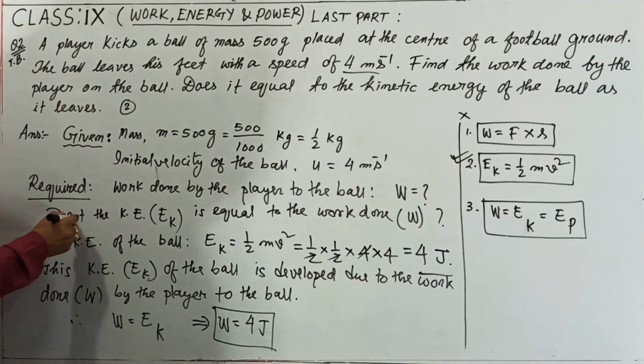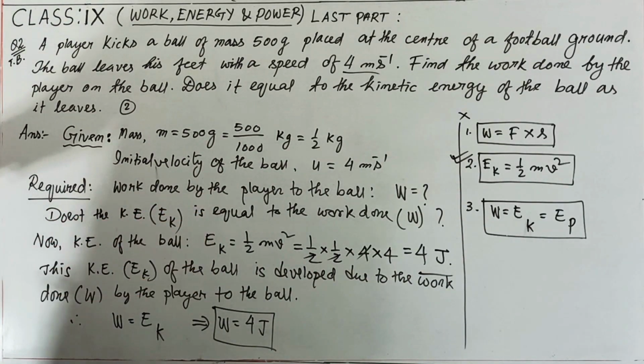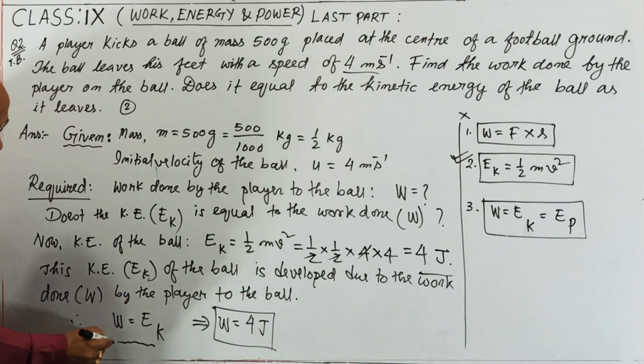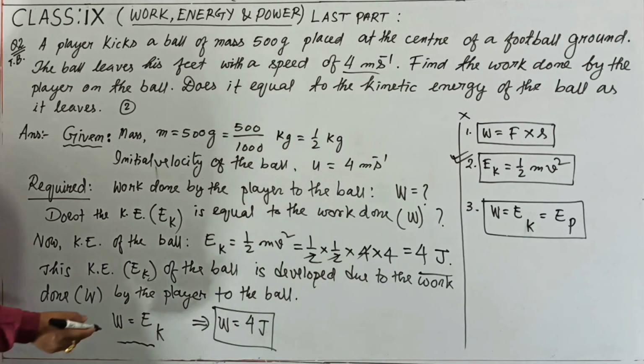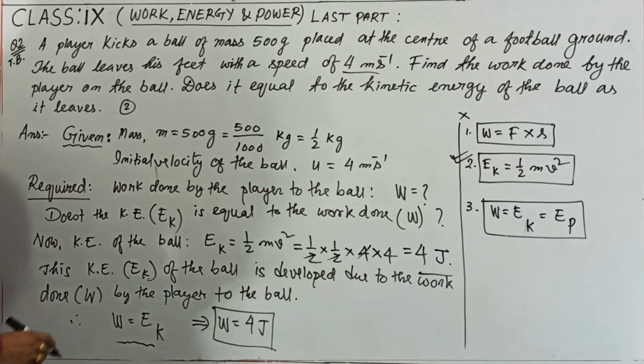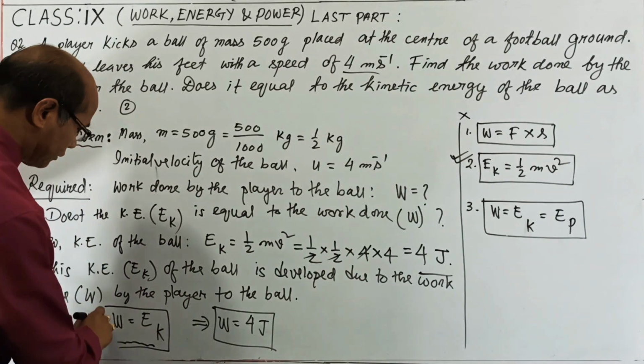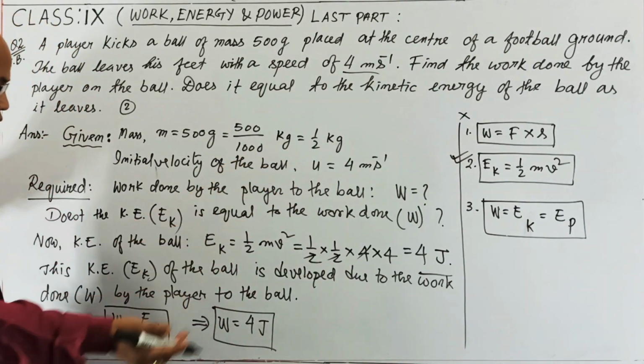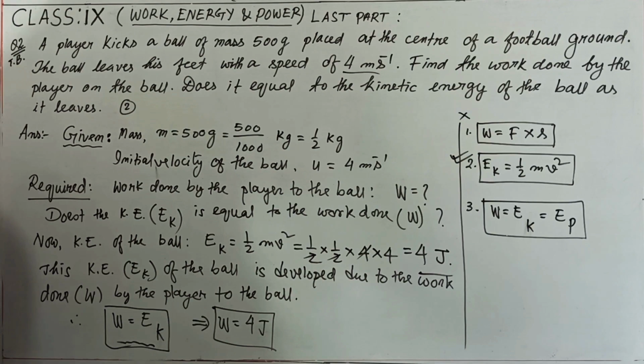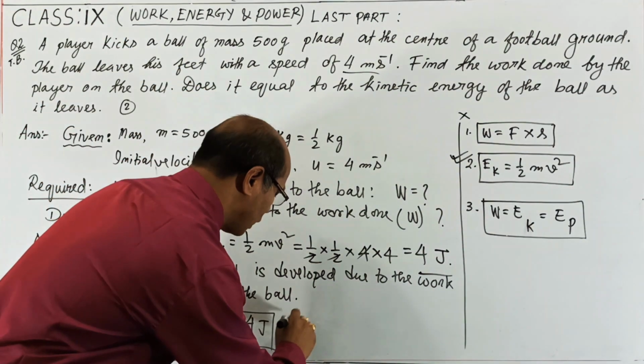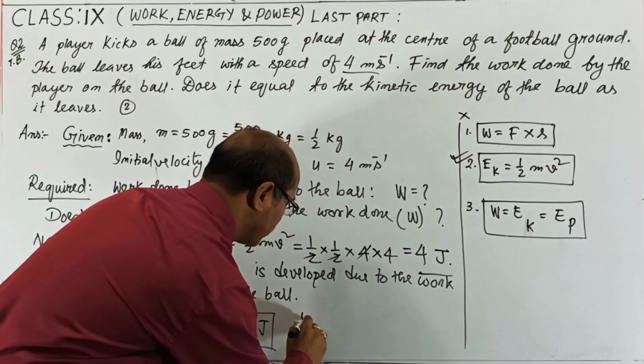The last part of the question: the kinetic energy is equal to the work done. Last part of the answer: work done is equal to kinetic energy. Work done is equal to 4 joules.